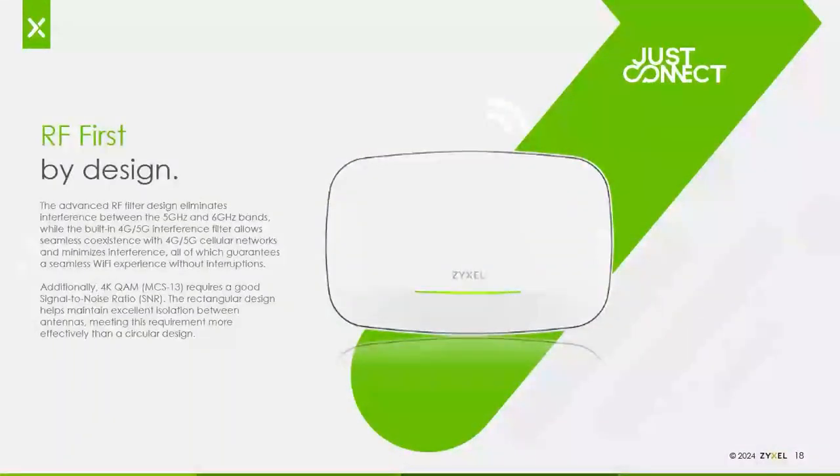So both of these access points use our RF first by design philosophy here. So what that means is, in addition to your traditional signal and EMI issues that you may run into, we put shielding on the board there, and we have additional shielding that's designed to filter out 4G and 5G interference. A lot of people don't realize a lot of your LTE and 5G bands border on the 5 and 6 gigahertz bands that are used by Wi-Fi.